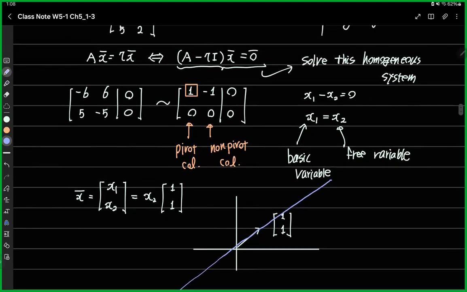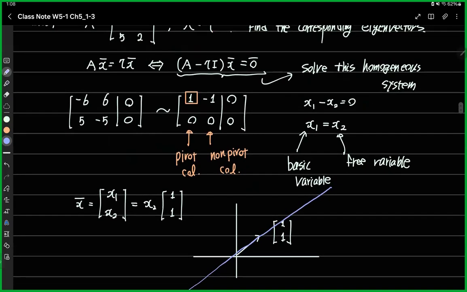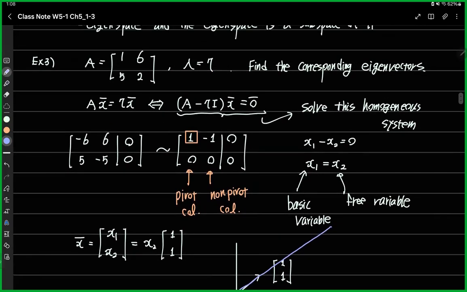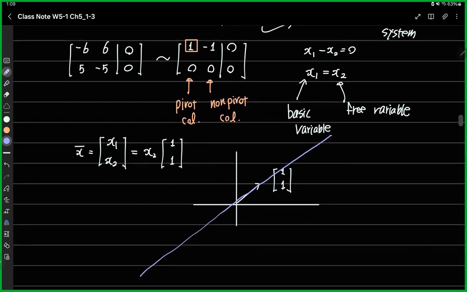What does that mean? For this eigenvalue 7, A times x can be represented by just a line corresponding to eigenvalue 7.